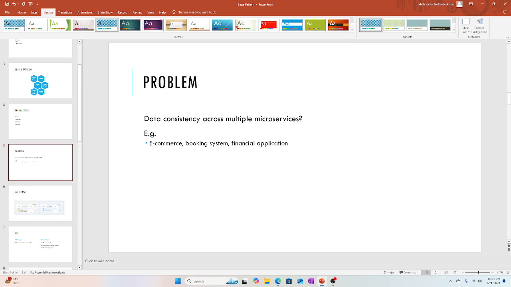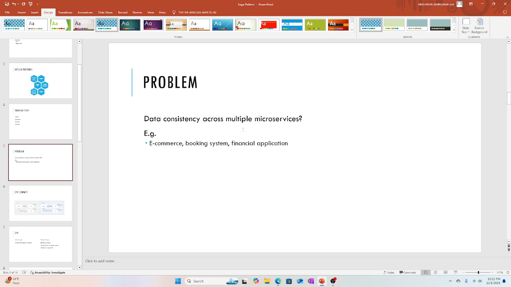But in case we have multiple databases or multiple microservices, then it's hard to ensure that each database obeys the transaction that spans multiple microservices. To resolve that problem, we come up with some patterns like the Saga pattern or the 2PC pattern.